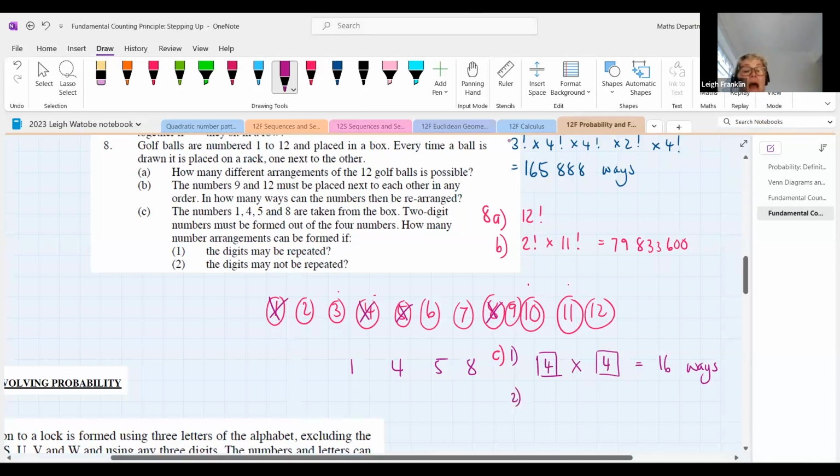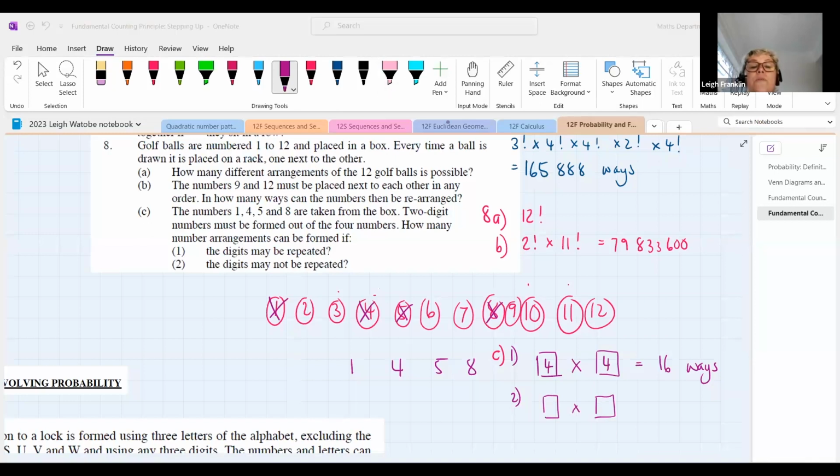Okay, now the digits may not be repeated. So how many ways could we fill that first block? Digits cannot be repeated. They're different digits. More than that, because you have 4 factorial ways in which you can fill the first block.